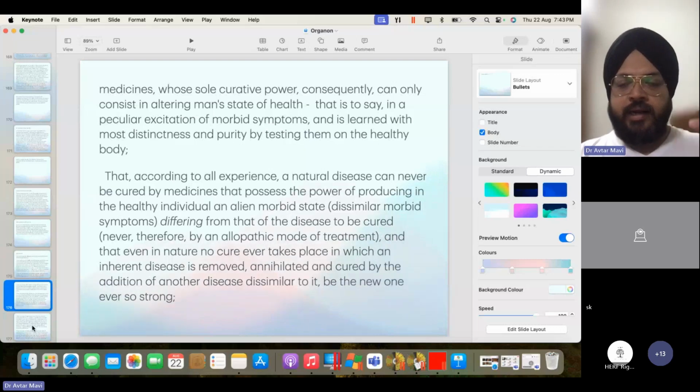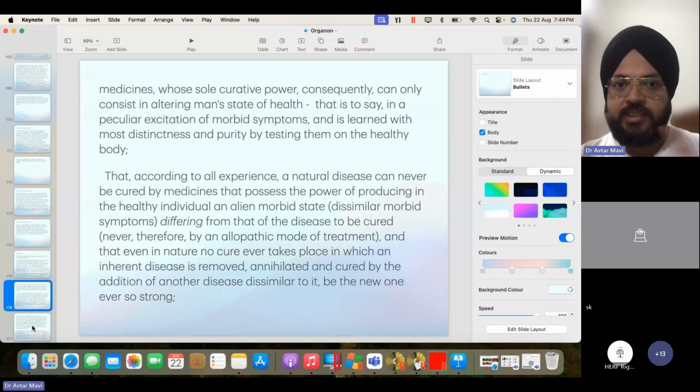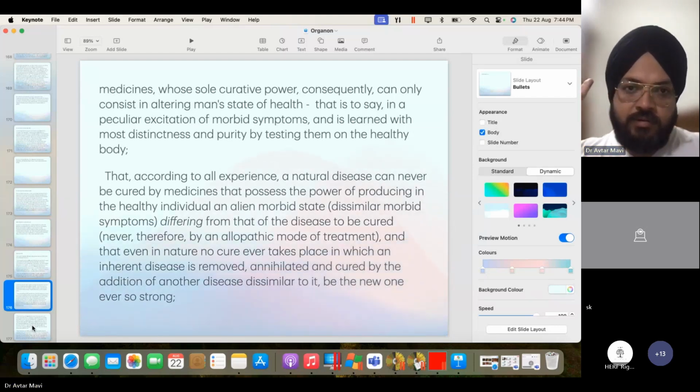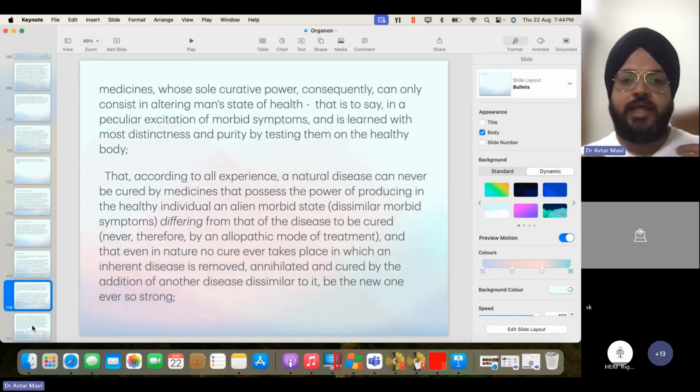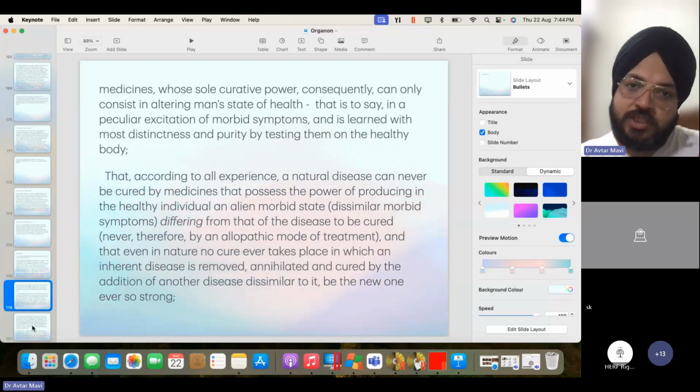Because until we see what kind of curative power they contain, as was clearly told in aphorisms around 15, 16, 17, 18, the curative power of the medicine is the same power by which it produces disease. So in a healthy human being, whatever disease symptoms it can produce, it has the power to cure those kind of symptoms. Because in the sick being, we need a remedy which is homeopathic, a remedy which can produce the same kind of symptoms.